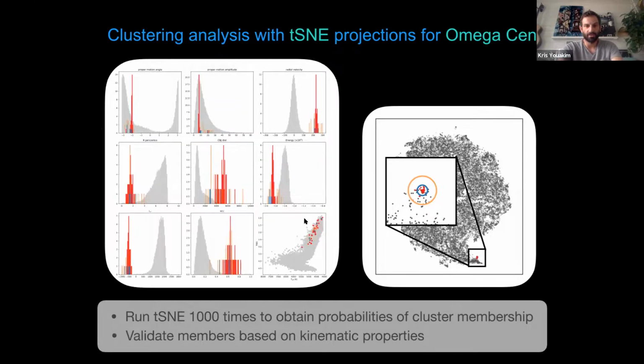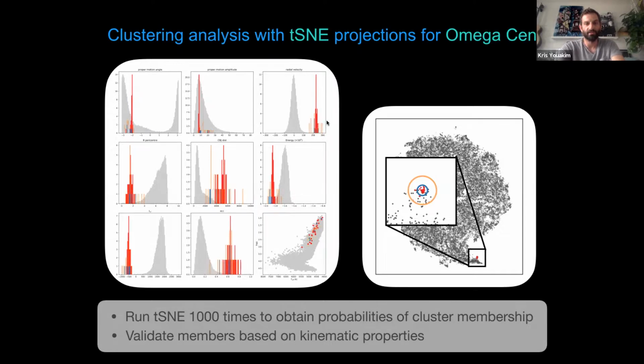And the second part of your question, I think actually if you don't look too much at this middle panel, these are Bailer-Jones distances, so they're subject to some very strong Milky Way priors. But if you look at the other panels, especially the blue histograms, I know they're hard to see, but they're very much consistent with the radial velocities of Omega Cen.